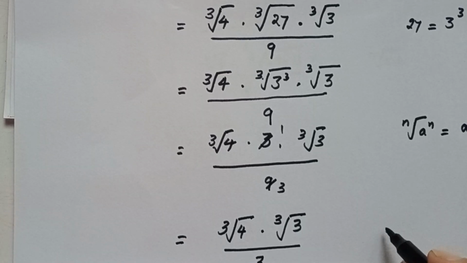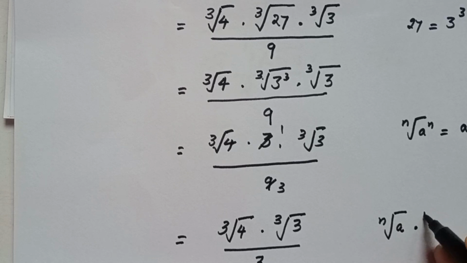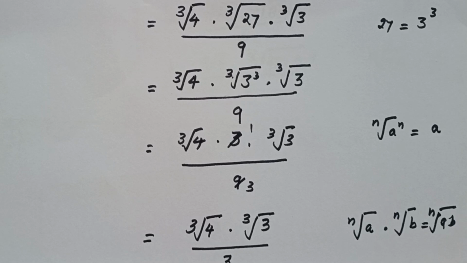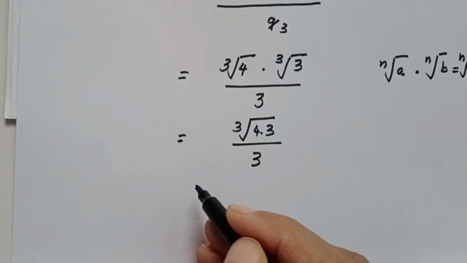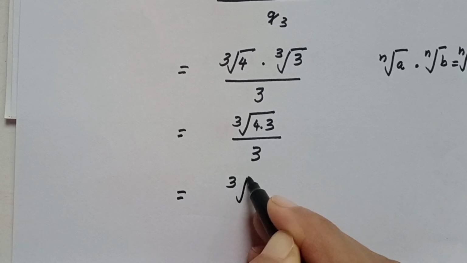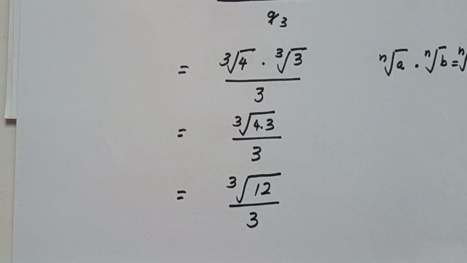Here we know that if the nth root of a into the nth root of b is given, we can write the nth root of a into b. So here we will write the third root of 4 into 3 over 3. So from here we will get the third root of 12 over 3.